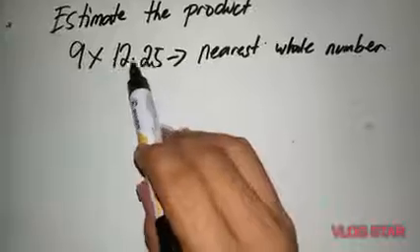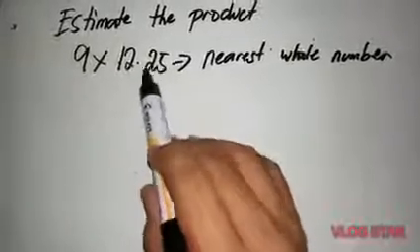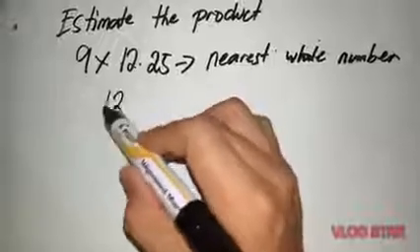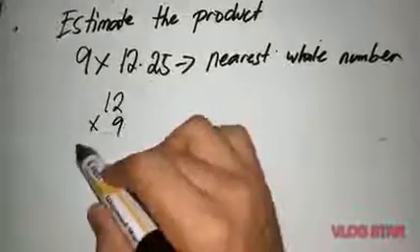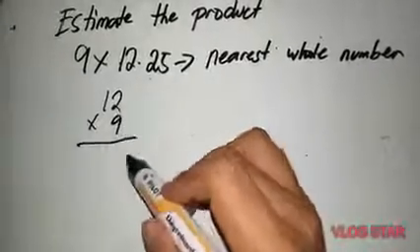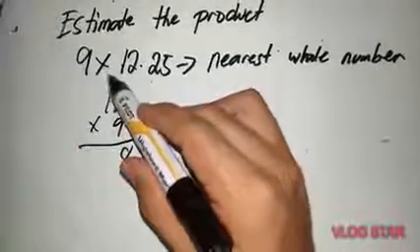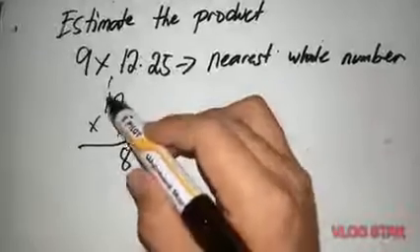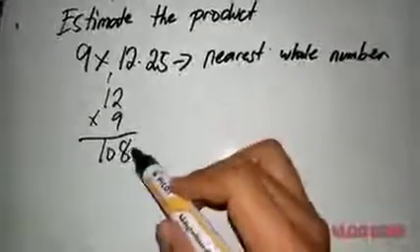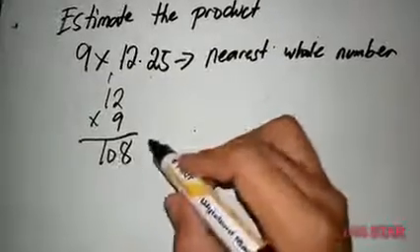We can't round it to 13 because this is just 0.25. So 12 times 9: 9 times 2 is 18, carry 1, 9 times 1 is 9 plus 1, 10. So this is the estimate.